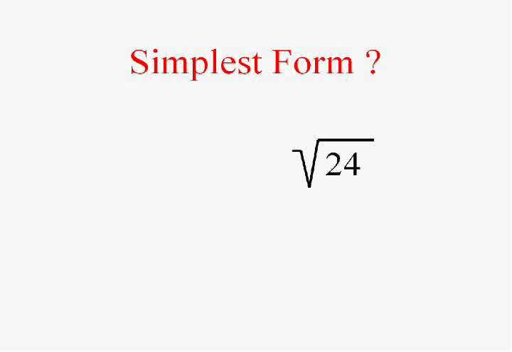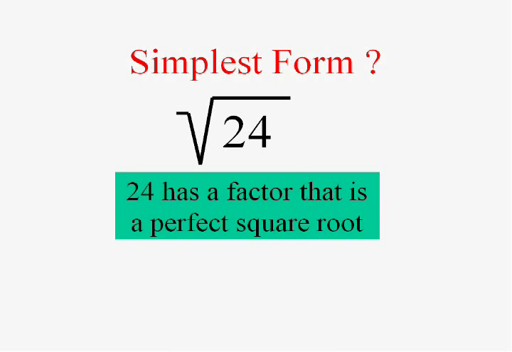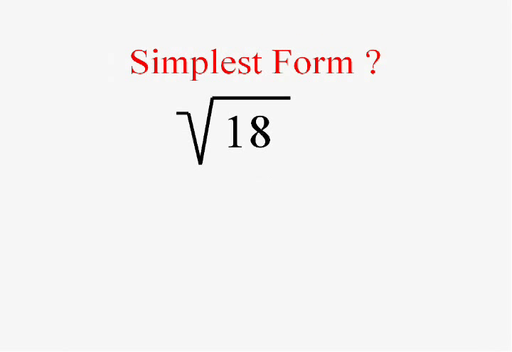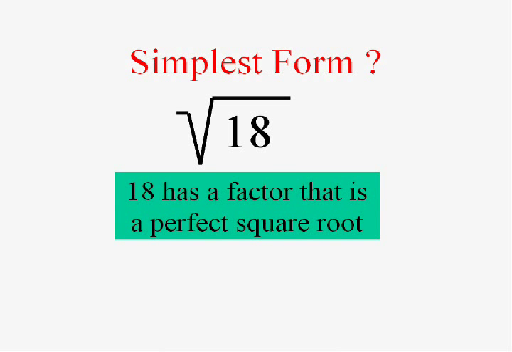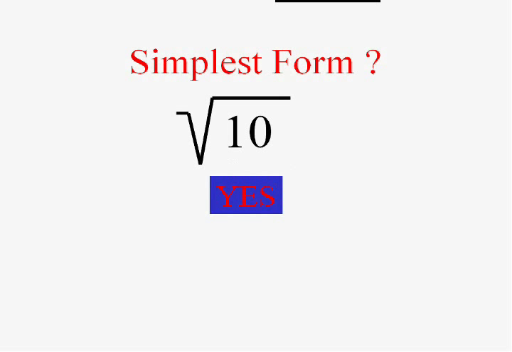So for instance, the square root of 24 is not in simplest form because it has a factor that is a perfect square: 4. The square root of 18 is not in simplest form because it has one of those perfect squares as a factor: 9. So you'll need to know those perfect squares. The square root of 10 is in simplest form.